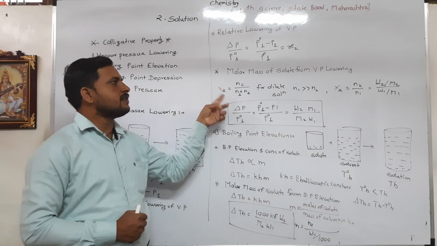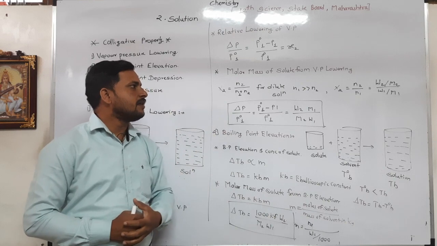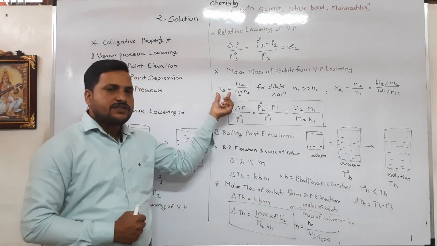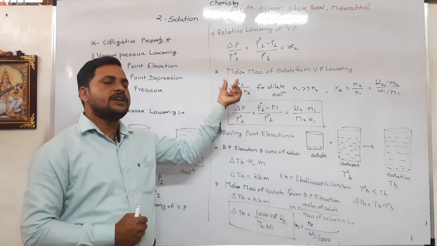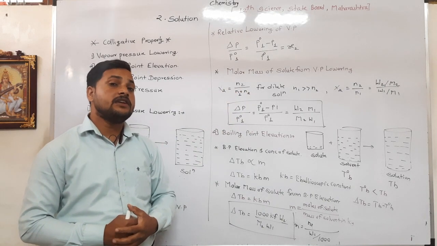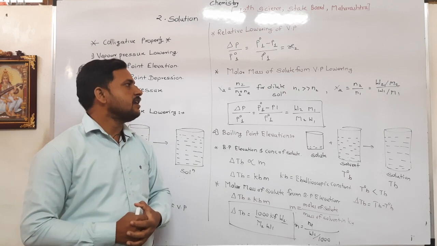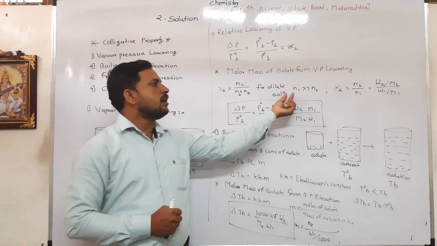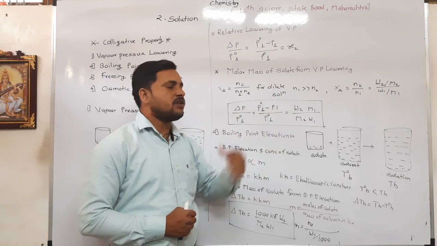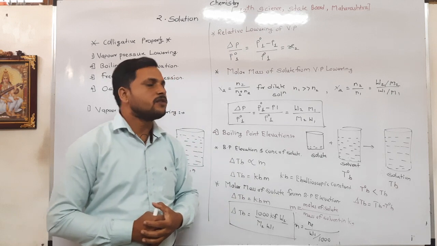Next point, molar mass of solute from vapor pressure lowering. This question is asked in the board exam for 2 to 3 marks. Let us consider one by one. Mole fraction of solute is equal to N2 upon N1 plus N2. But colligative property is studied in dilute solutions. Hence, in a dilute solution, the moles of solvent are much greater than the moles of solute.